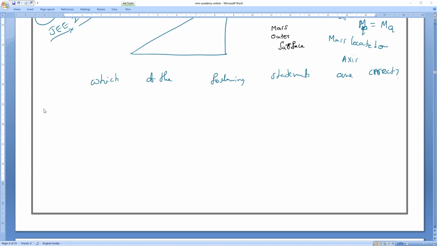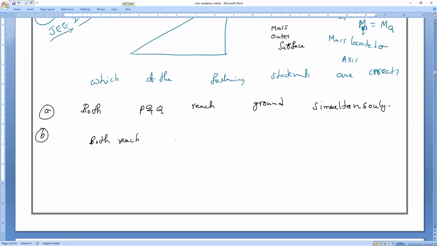Statement number 1: both P and Q reach the ground simultaneously. Simultaneously means together, so almost at the same time they reach the ground. Second statement, B: both reach the ground with the same translational kinetic energy.